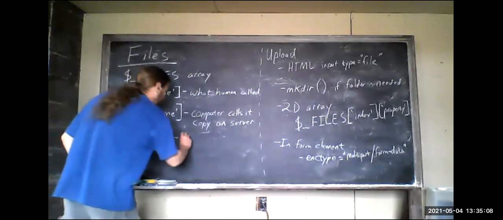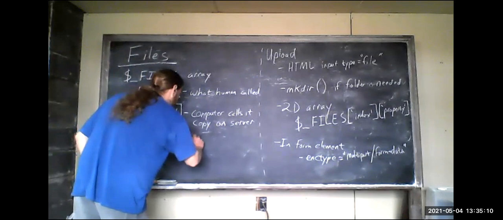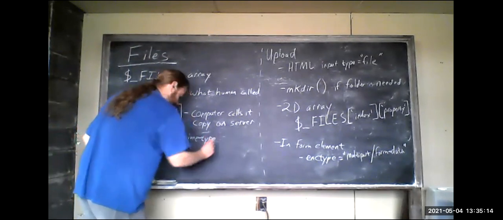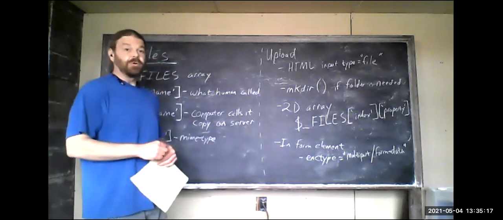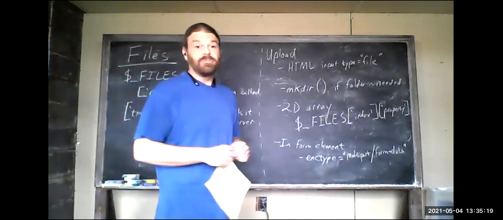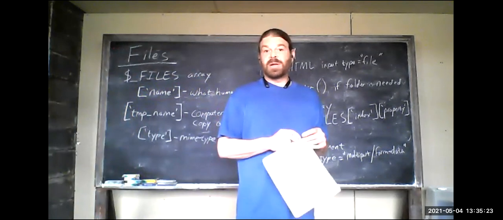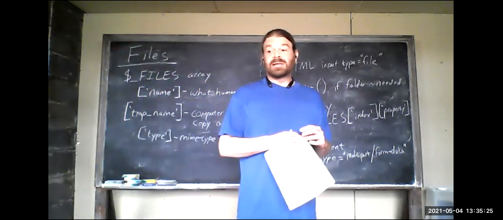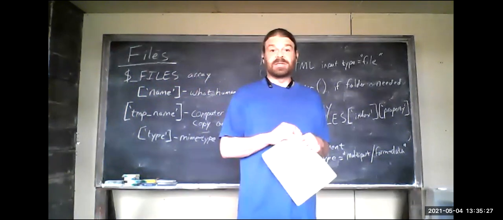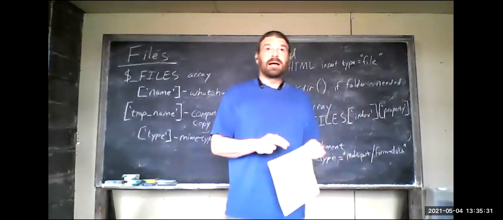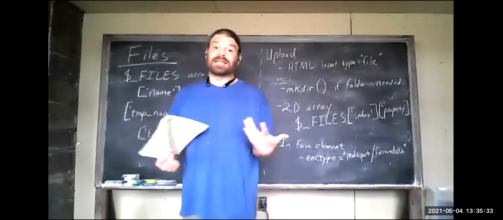The type, this is the MIME type. We've talked about MIME types before. That's just a short description of what type of thing it is. We don't have to put the attribute anymore, but I usually do for the CSS files and say that the file coming from the server is CSS data written in text format.